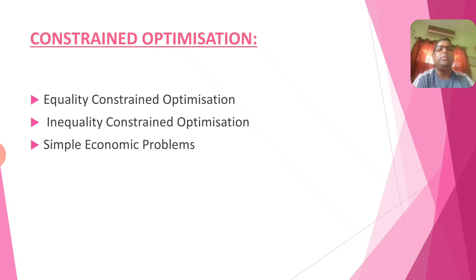The next unit is related with constrained optimization, that is, you have to maximize or minimize something subject to some constraint, and some applications of this in economics, and inequality constraint optimization and simple economic problems. Simple economic problems are related with some economic applications.